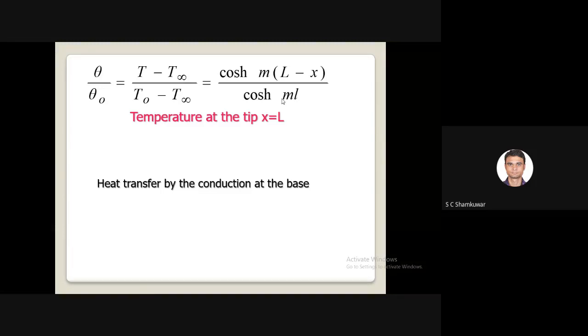Understood? This is the temperature distribution.